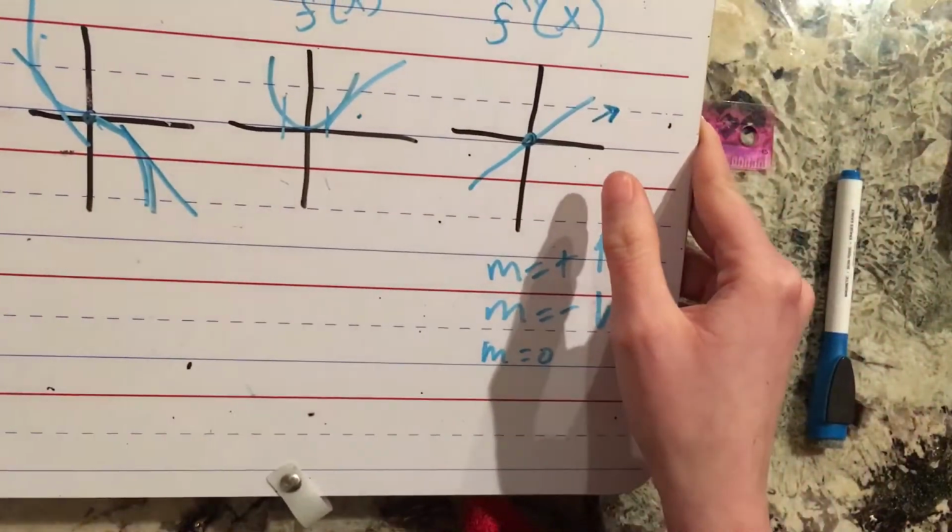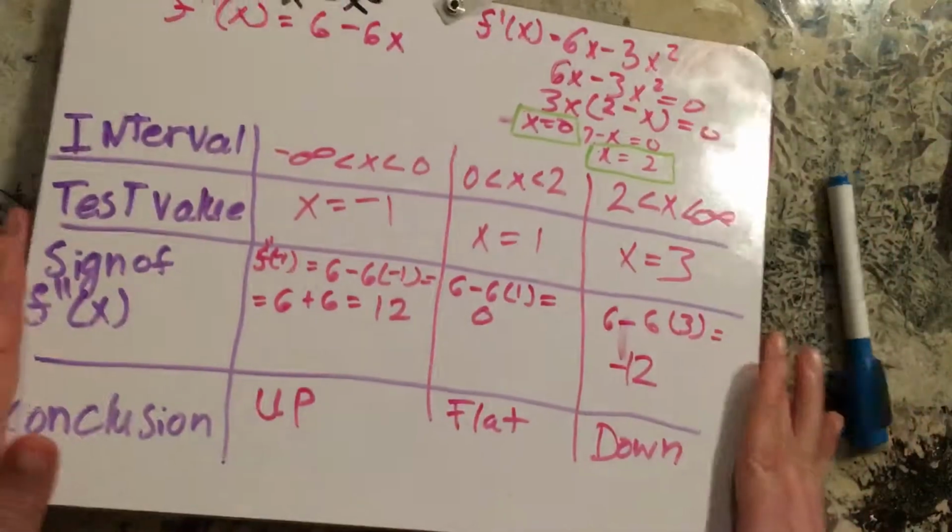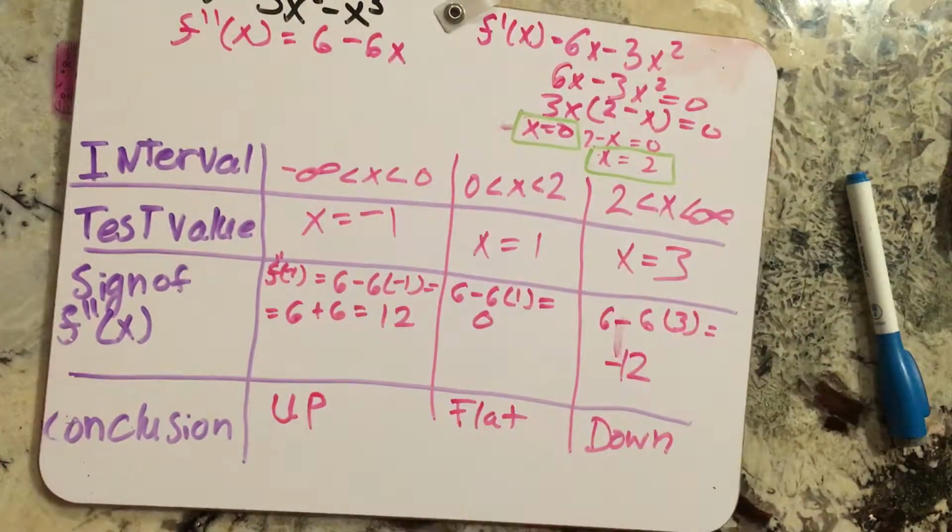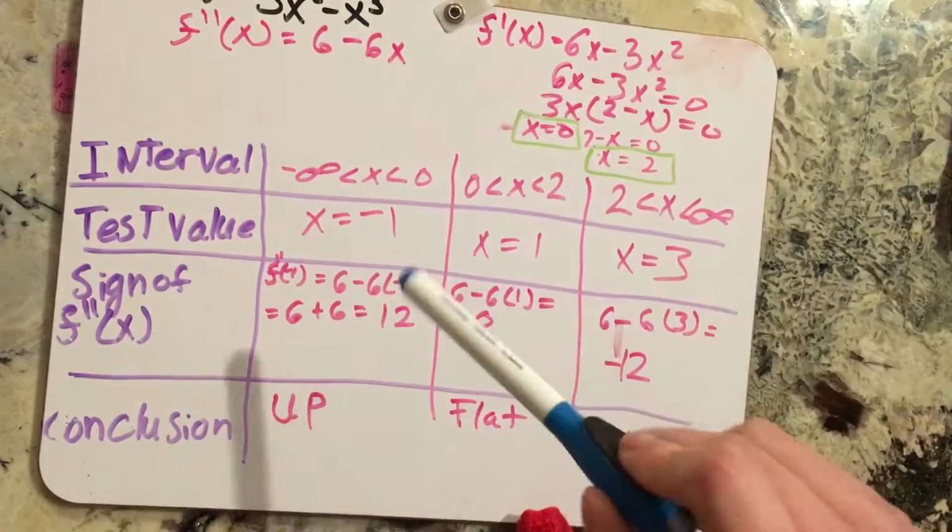Because if we take an x point from that interval, we will know it's true for all points within that interval, whether it's going to be concave up or down.